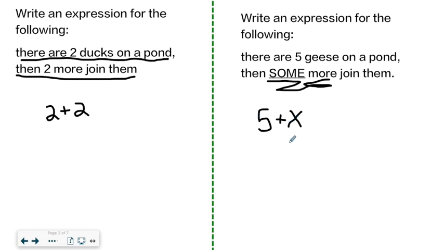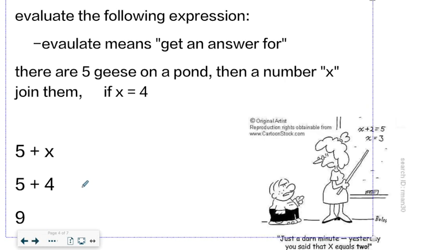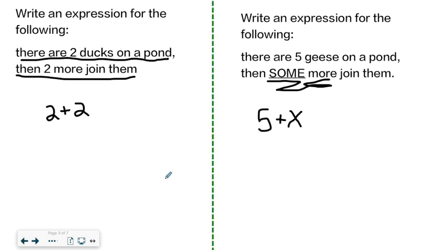When we look at these, there isn't really any math being done right here. We just need to understand the concept of what is going on and represent it with a placeholder, right? So that was writing expressions. This is evaluating expressions. There are 5 geese on a pond and a number x join them. So that's exactly what this problem was, right?